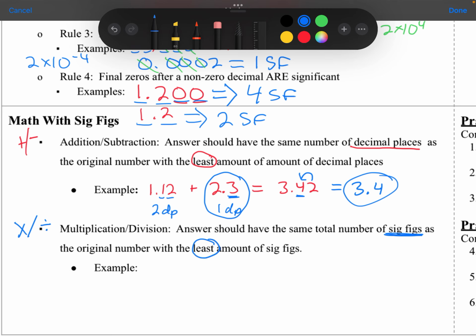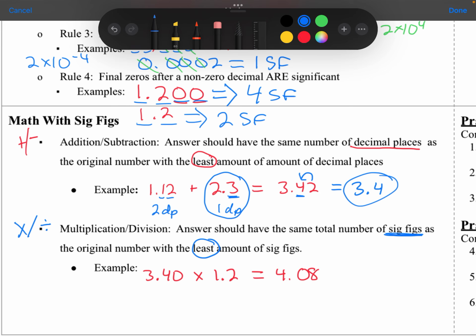So in this case, I'm not paying attention to how many decimal places, I'm paying attention to sig figs as a whole. So let's say I'm doing the problem 3.40 times 1.2. If I plug that into my calculator, it's going to give me 4.08.